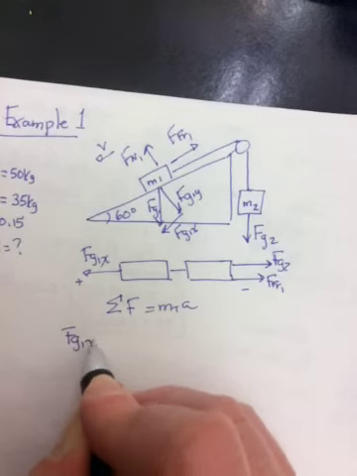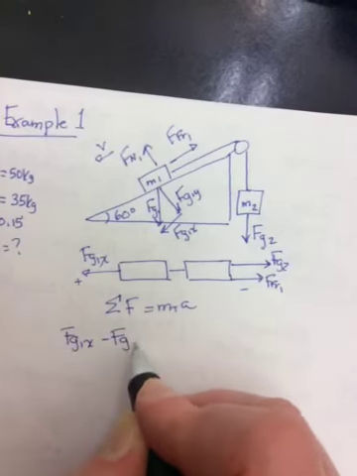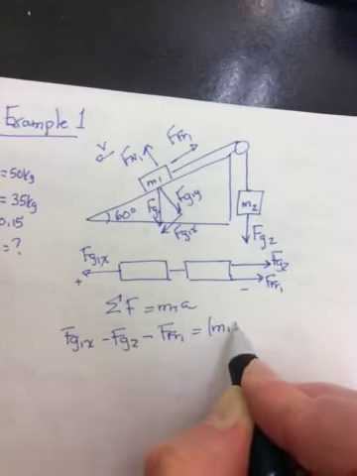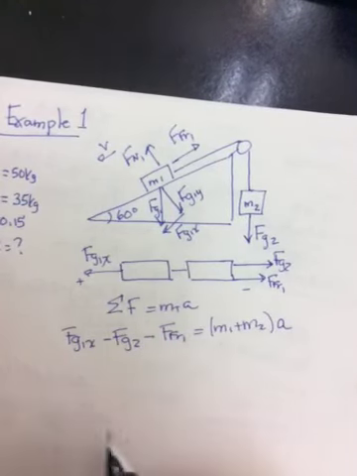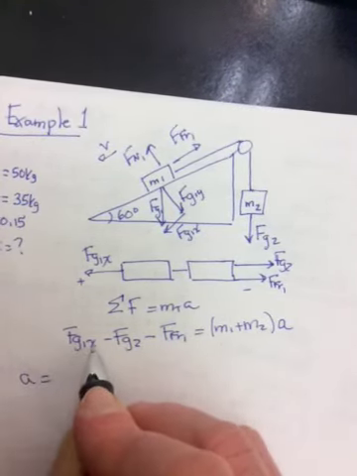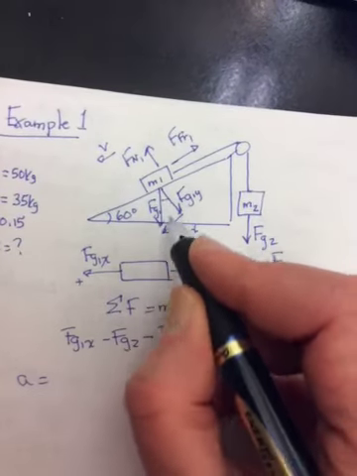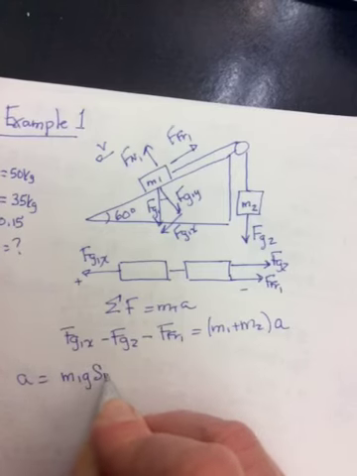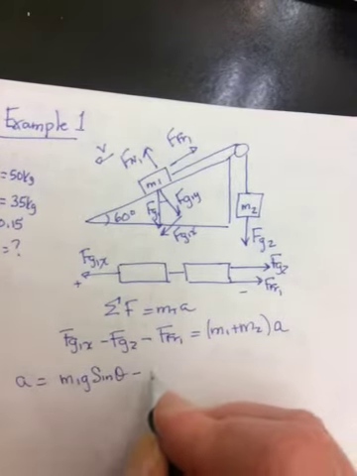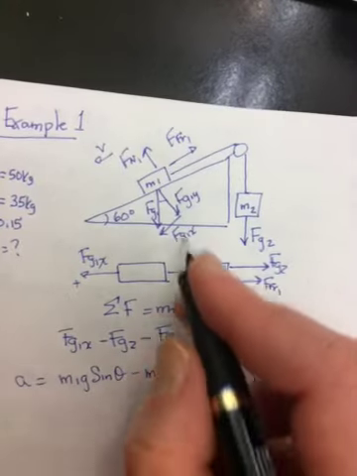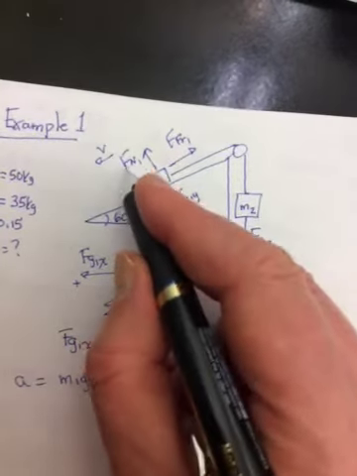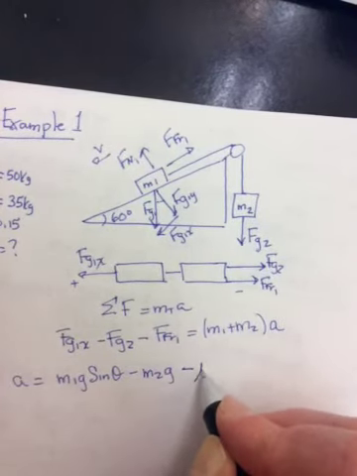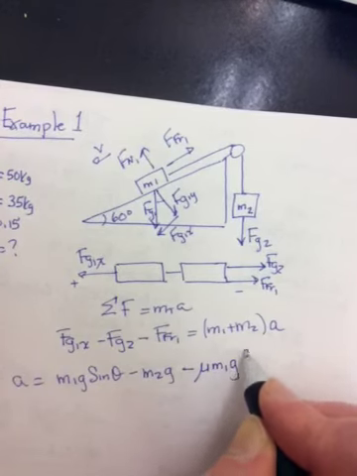So FG1X minus FG2 minus friction on number 1 is equal to M1 plus M2 times A. So we're solving for A. FG1X, if you remember in inclines, will be M1G sine theta, minus FG2, which is M2G, and friction on number 1 is dependent on Fn on 1, which is dependent on FG1Y, so friction is going to be mu M1G cos theta.